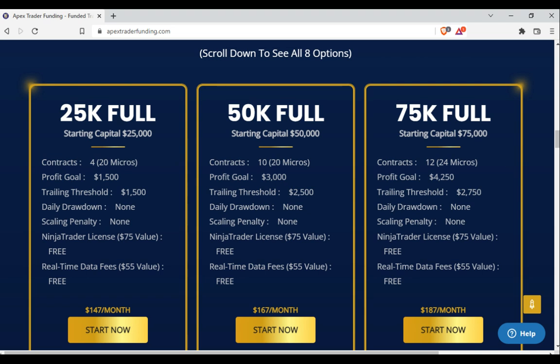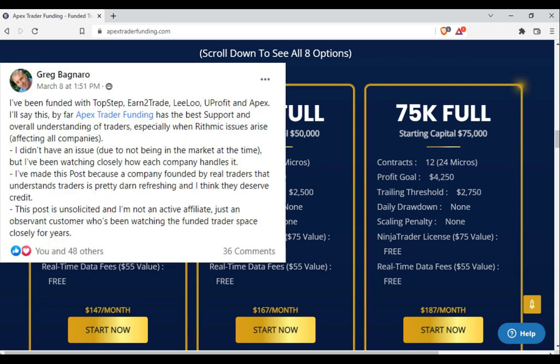This other testimony here is from Greg Bagnaro. Now, of course, this is from the Facebook group. I didn't get these people's permission to post this. I hope they don't get upset. All right, so he's actually said that he's been funded with Topstep, Earn to Trade, Lilu, UProfit, and Apex. And he compared them all and said that Apex by far has the best support and overall understanding of traders, especially when it comes to Rhythmic issues.